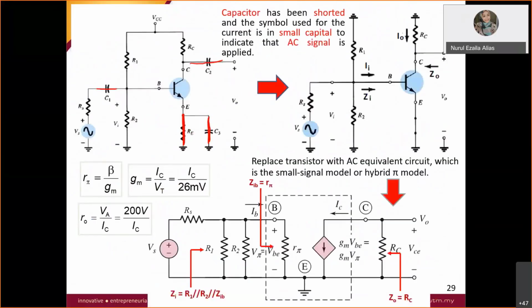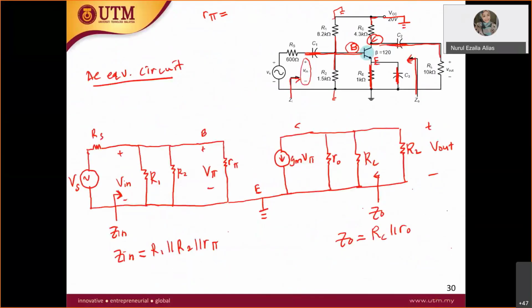So let's calculate the gm first. Can someone calculate for me the gm?